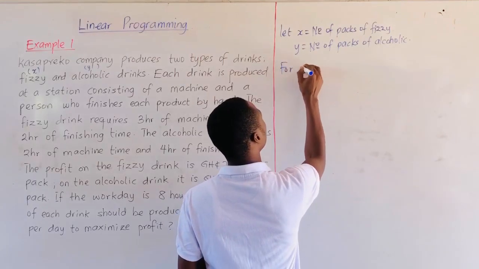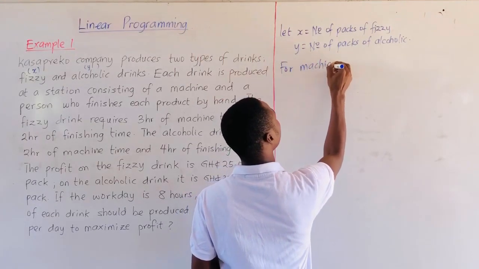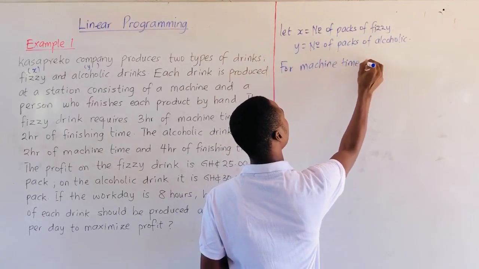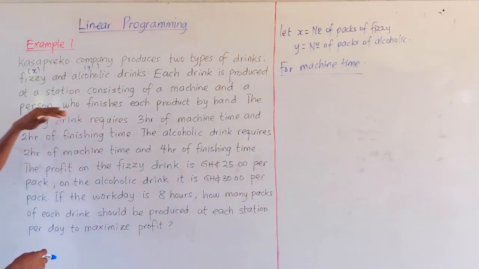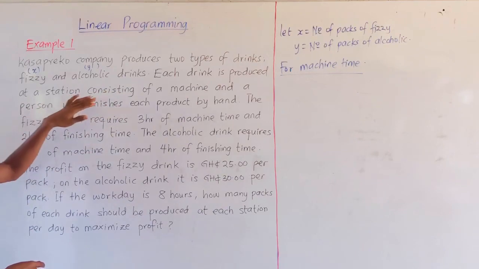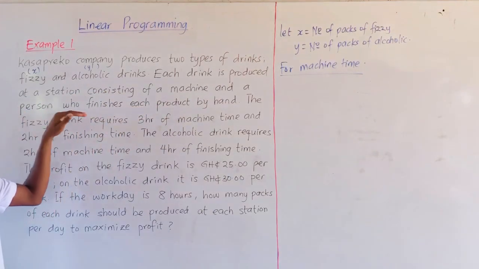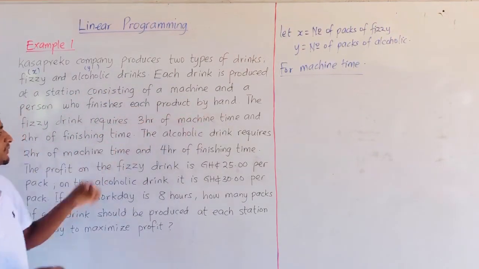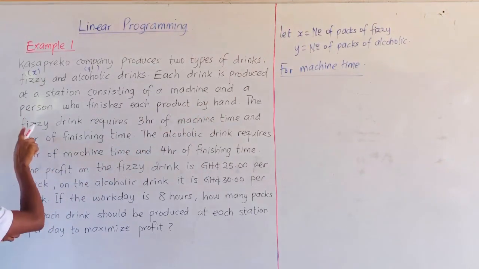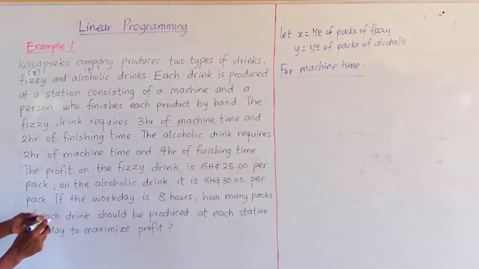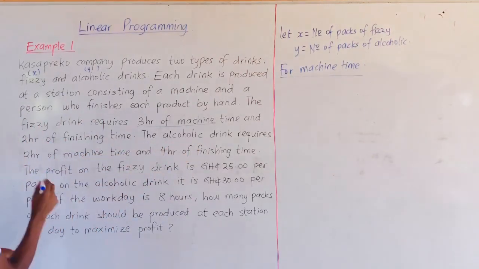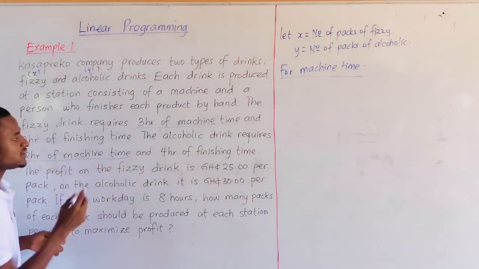For machine time, each drink is produced at a station consisting of a machine and a person who finishes by hand. And we are told that the fizzy drink requires 3 hours of machine time, and then the alcoholic drink requires 2 hours of machine time.